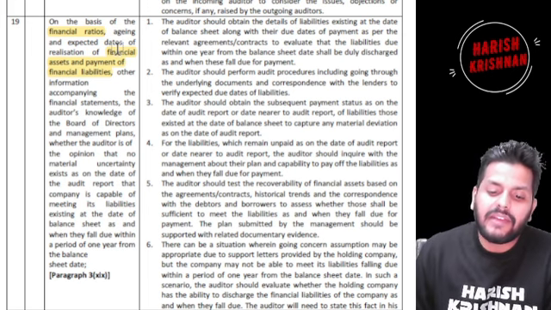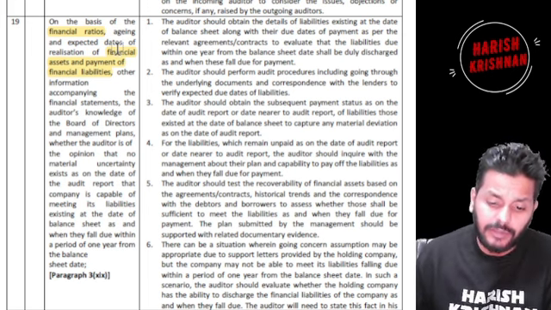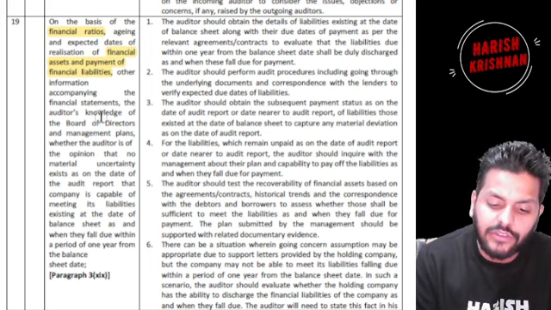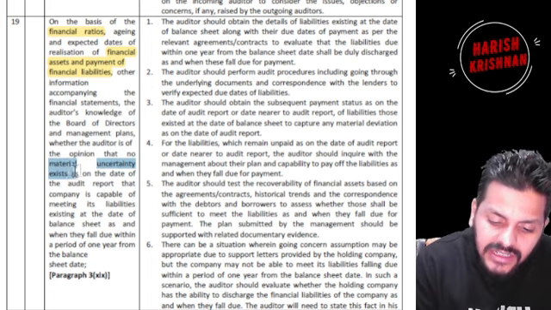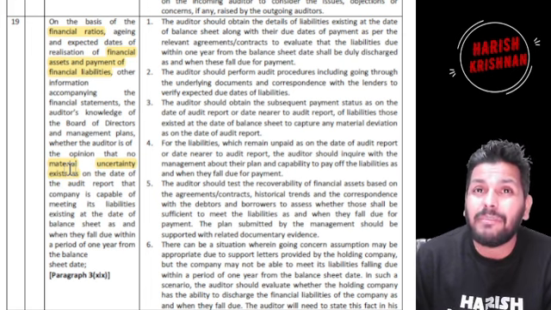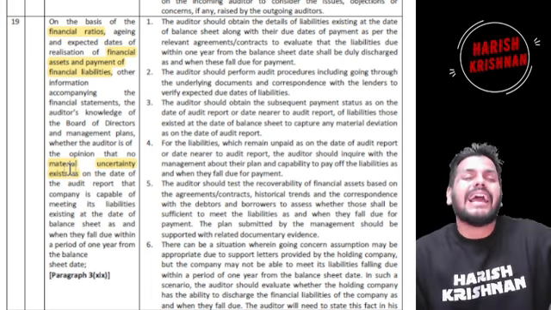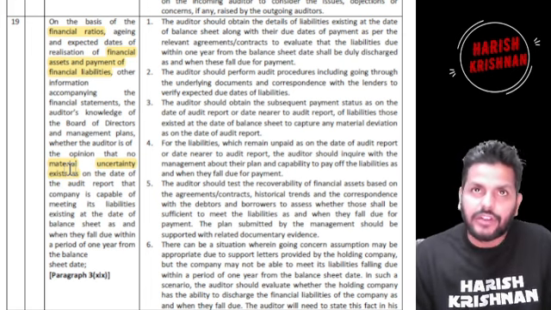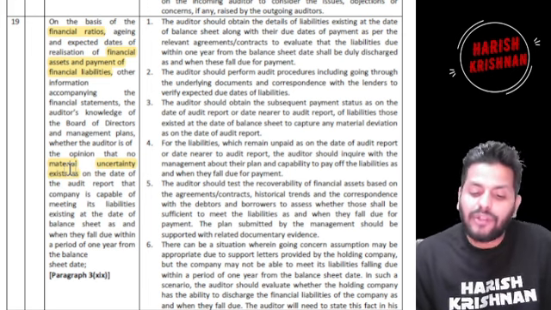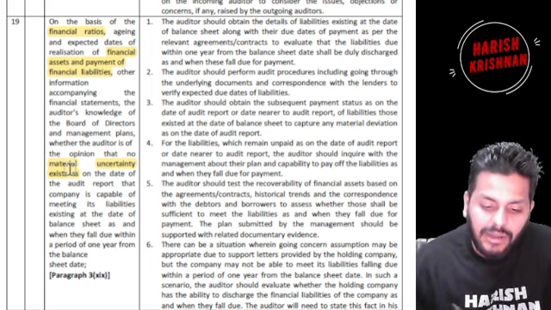Okay. Another information given in the accompanying financial statement, the auditor's knowledge of the board of directors and management plans, whether the auditor is of the opinion that any material uncertainty exists as on the date of the audit report, and whether the company is capable of meeting its liabilities with the current assets that it has, or based on the total assets, will you be able to fulfill all your obligations of liabilities?